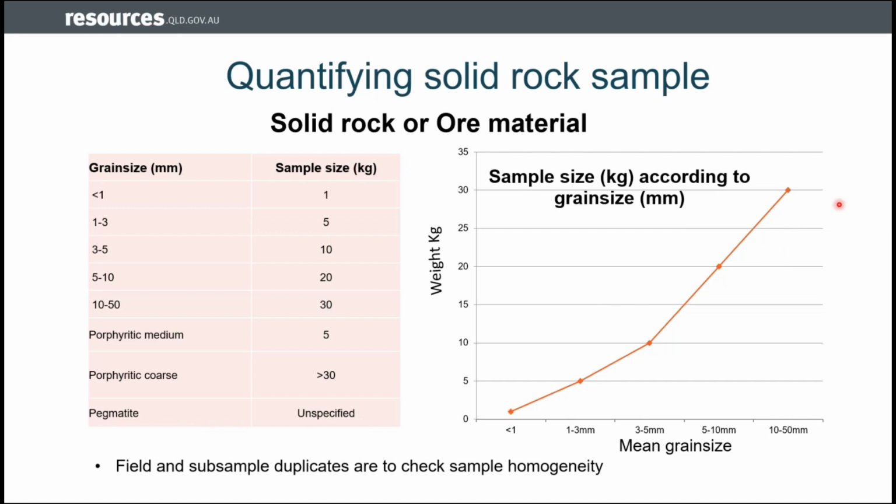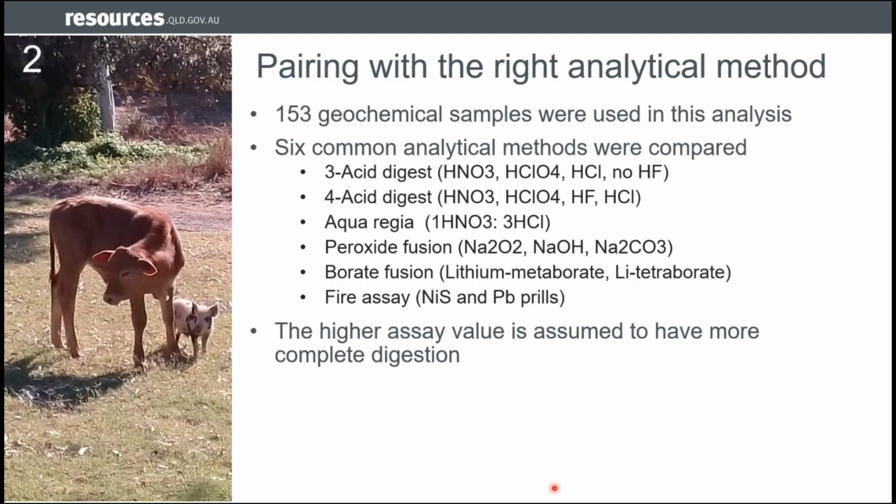And this is a classical sampling versus weight graph that is shown here, that the coarser it is, the more sample you need. Therefore, there are two things that we have come across so far that you have to change: first, recognizing where critical metals occur in the samples, and secondly, the sample size has to increase corresponding to where the distribution of critical metal is.